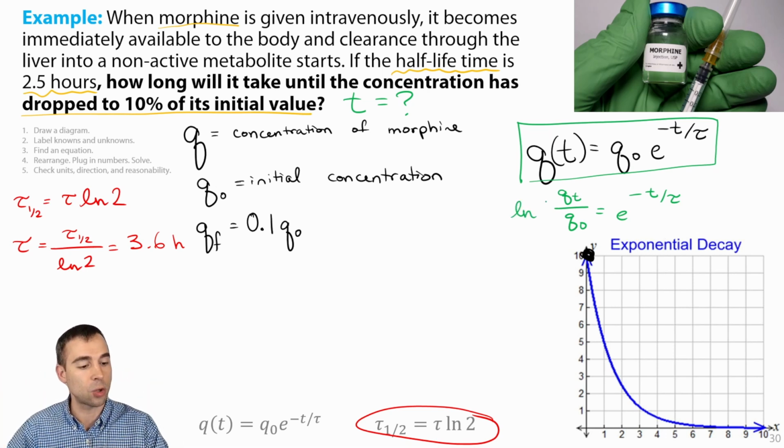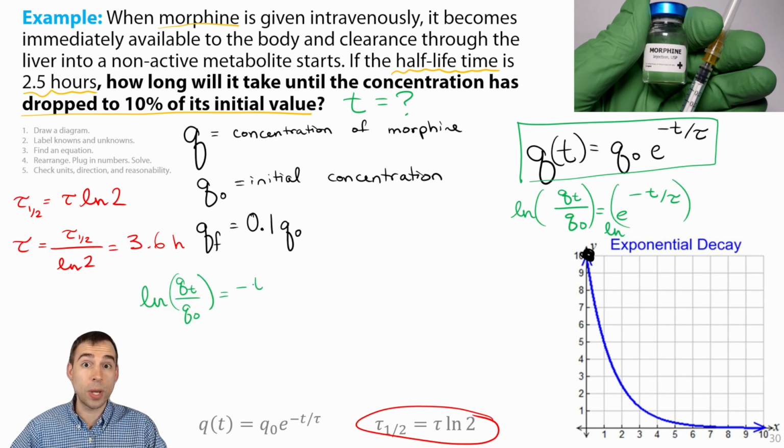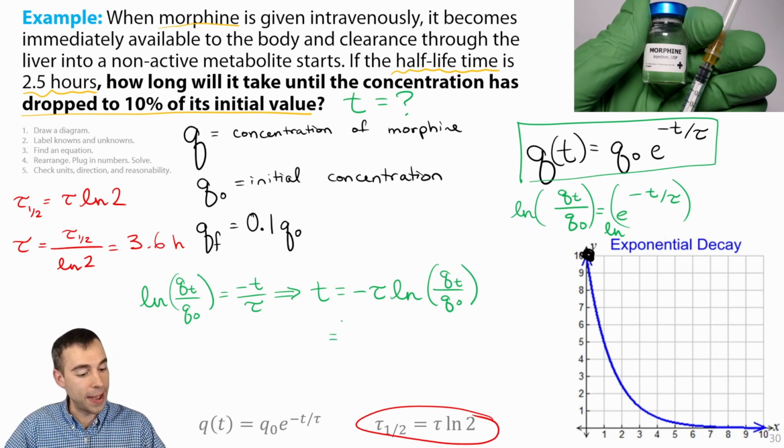When I do that, it gets rid of my e on the right side and leaves the natural log on the left side. And I know my tau value, so I can multiply it over. And I now have a relationship for the time that it takes for the drug concentration to reach 10% of its original value. So we can plug in our numbers and go ahead and solve.